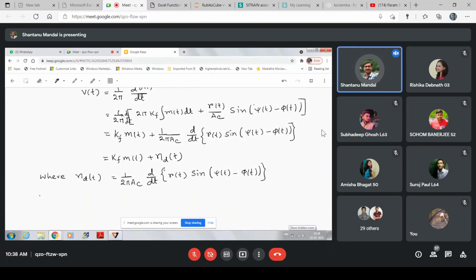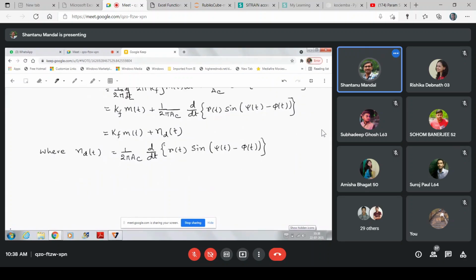Here psi of t is uniformly distributed over 2 pi radians.